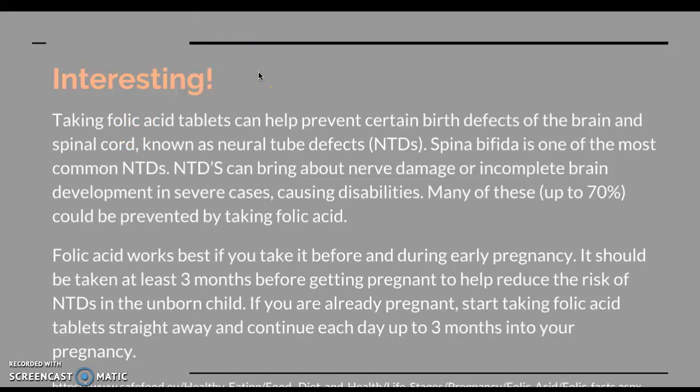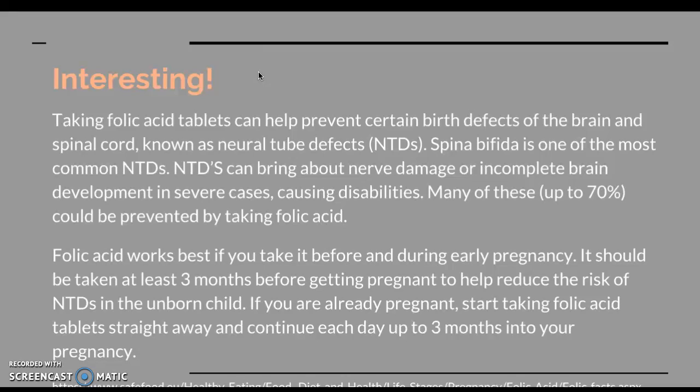Some things that I found interesting while studying folate is that taking folic acid tablets can prevent certain birth defects of the brain and spinal cord, known as neural tube defects, NTDs for short. So really what made me want to study folic acid out of all these vitamins and minerals and nutrients is that I have always heard that it affects pregnancies.